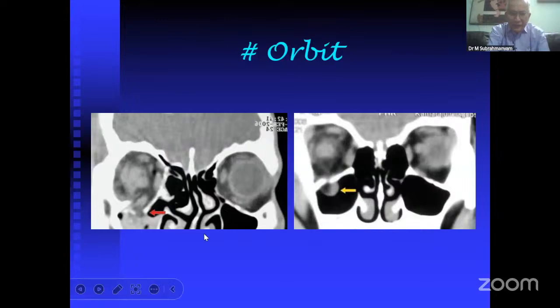Fractured orbits, here you can see that this fracture is not as big as the previous one. But here what you are seeing, the inferior rectus is entrapped in the fracture. So this case needs surgery, and we have to release the inferior rectus from the entrapment and close the fracture with either polyethylene sheets or metal sheets, titanium sheets or something like that.